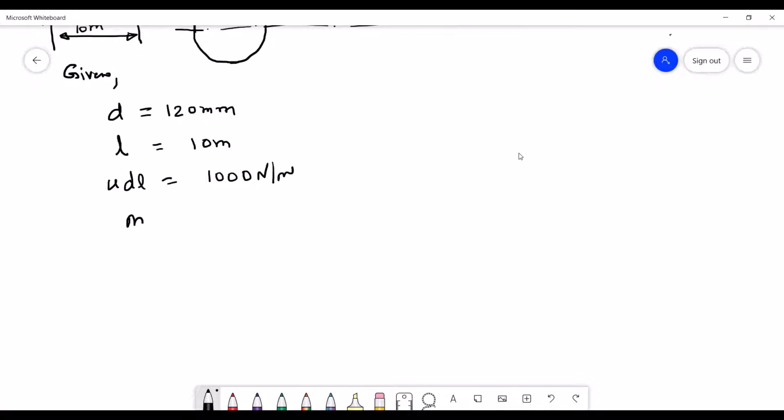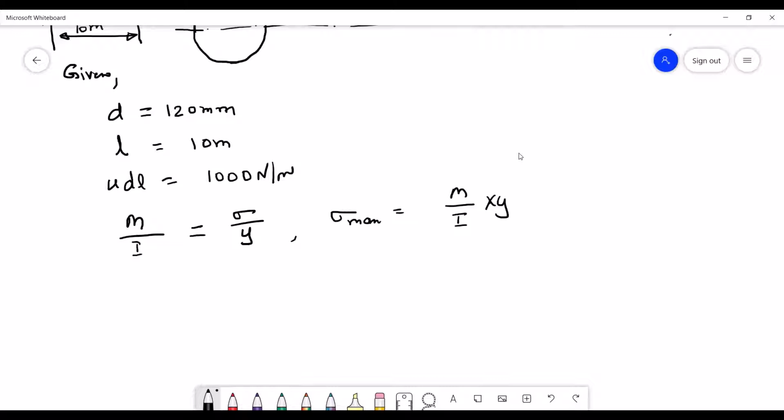The formula for bending is M upon I is equal to sigma upon y. So the maximum bending stress sigma max is M upon I into y. It means that we have to find what is M, what is I, and what is y.